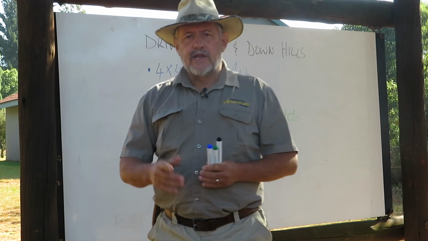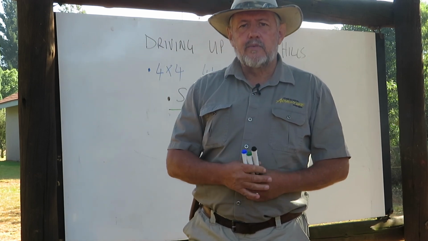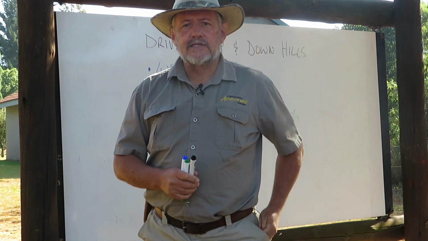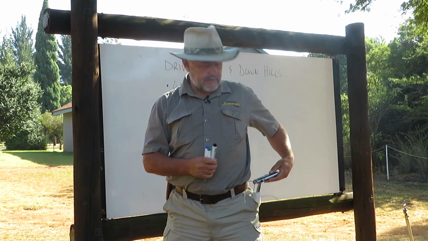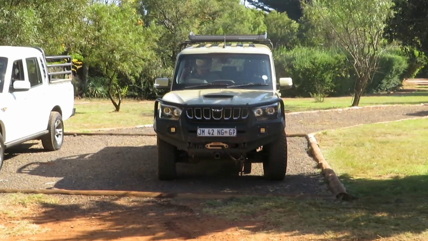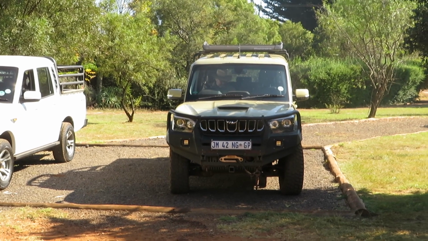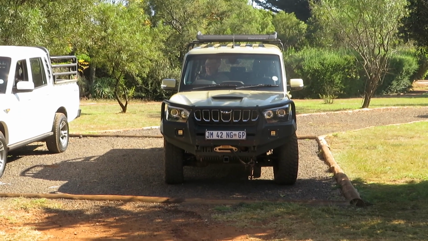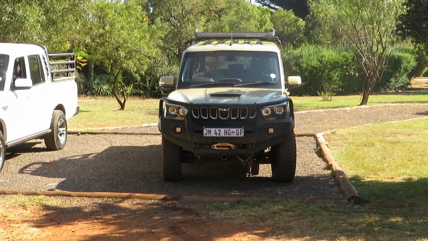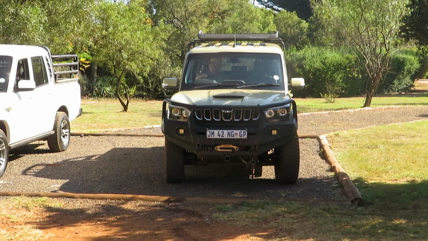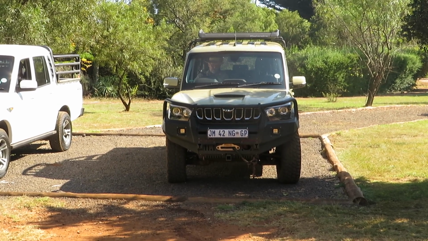Okay, so let's move over to the vehicle where we can quickly set all the settings to the right application. I have engaged 4 low. As per safety aspect, I'm putting on my safety belt and I'm going to go into drive on this vehicle because it's the automatic vehicle.